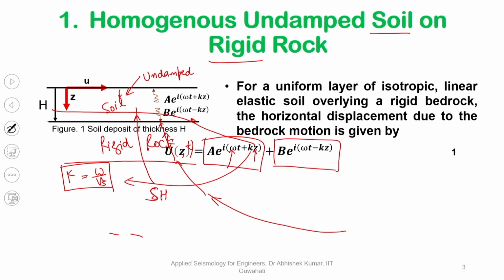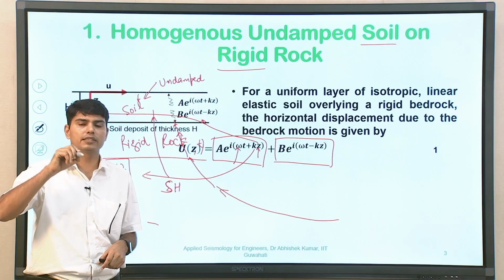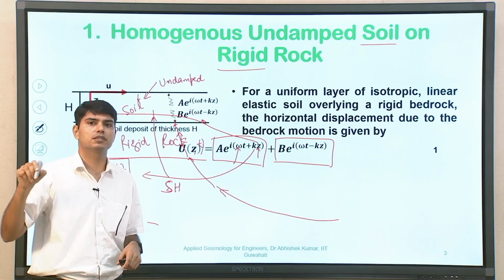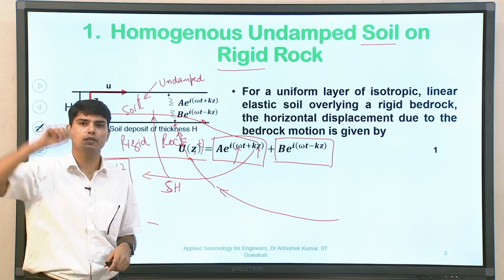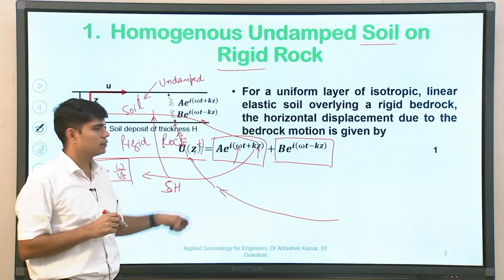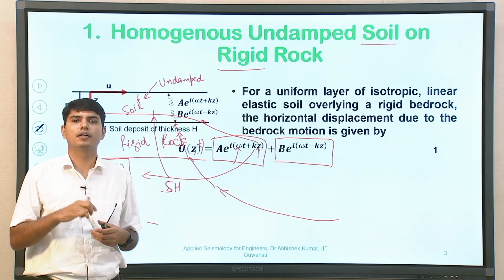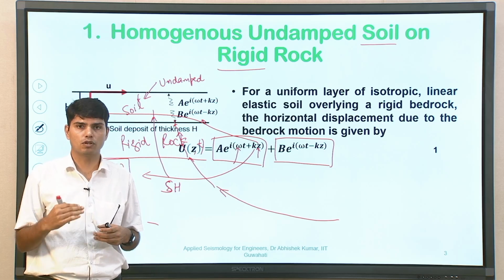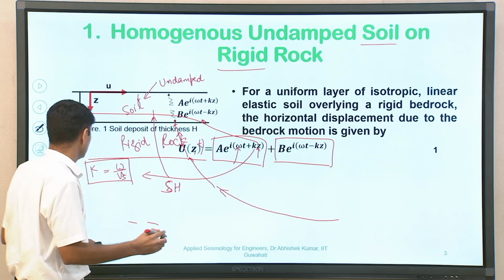Okay, so continuing with this discussion, this is the general equation of motion. If we clearly observe this equation, we will see that the value of k is a function of the stiffness of the medium, which is an indication of linear elastic soil. That means we are only taking into account that the correlation between shear stress and shear strain is uniform throughout the loading, or in other words, shear stress and shear strain are directly proportional to each other, and the constant of proportionality is called the shear modulus.